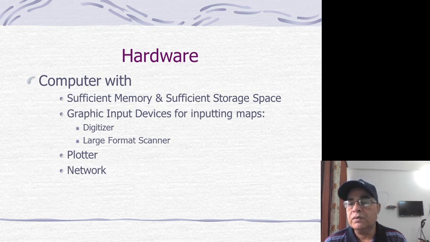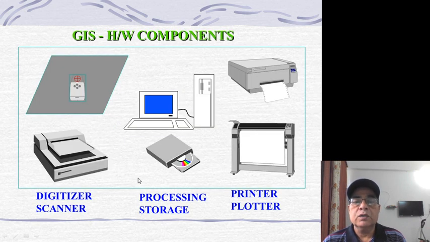Plotters: for the output we need a printer or a plotter. A plotter is nothing but a large format printer, and when we are using some sort of server based systems, then we also require the network, right? So all these things we require for the hardware. In the present slide you can see that we are talking about the digitizing table.